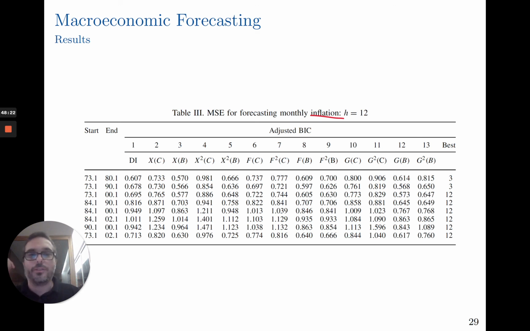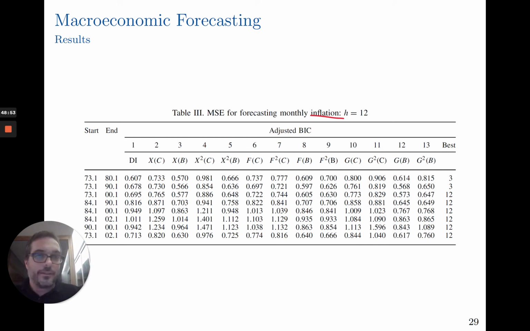They tried all these combinations. The best model was the boosting for the first step, the boosting using all the x's. The second one, all the x's. And then model 12 is the boosting with the extended principal components, where they put lags and squares.